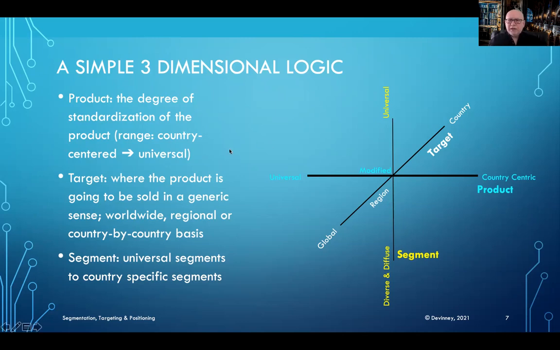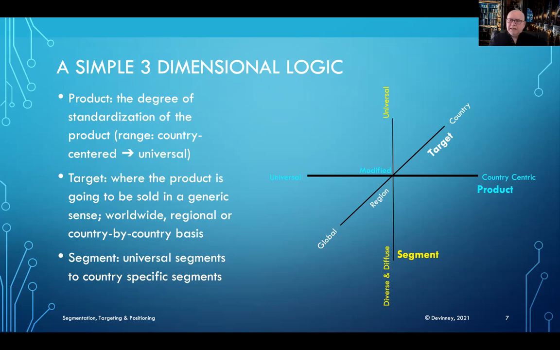So when you look at the segmentation, targeting, and positioning, the product's capturing the positioning aspect of this. What you're doing is you're saying, okay, I can mix and match this. I can have a universal segmentation perspective, which I then, from an operational standpoint, focus the targeting not on that universal segment, but that segment in certain countries.